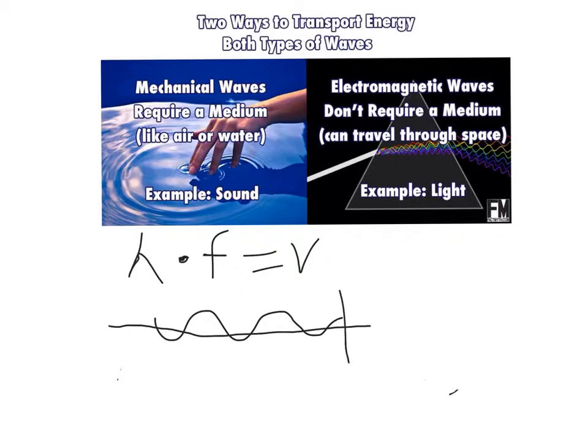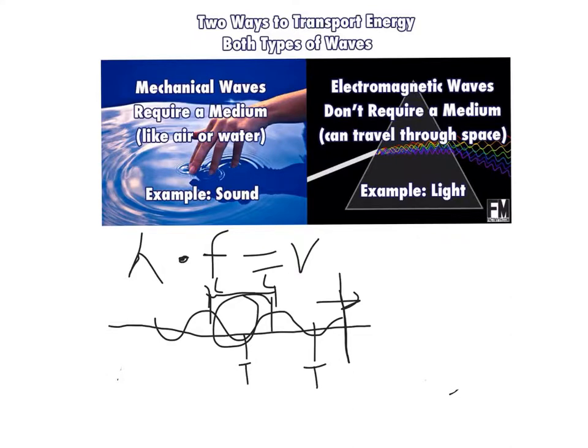We designate one wave from crest to crest or from trough to trough. The crest is the top, like a cresting wave. This is one wave. How many of these waves pass a certain point in a given time?